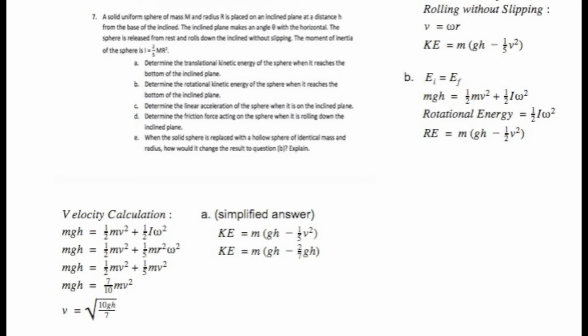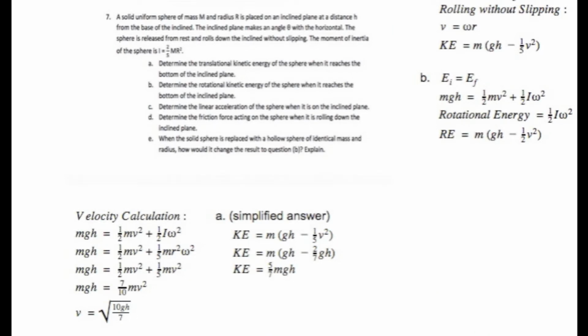After plugging in the v that we just found into the answer from part A, we get that the kinetic energy is equal to mgh minus 2/7 mgh. Finally, we can simplify to see that the linear kinetic energy is equal to 5/7 mgh.